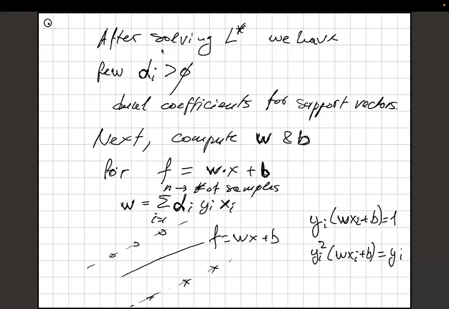Now, what is y i? Can you remind me? Exactly. These are labels, -1 and 1. So this thing becomes 1. And then your b is simply y i minus w x i.